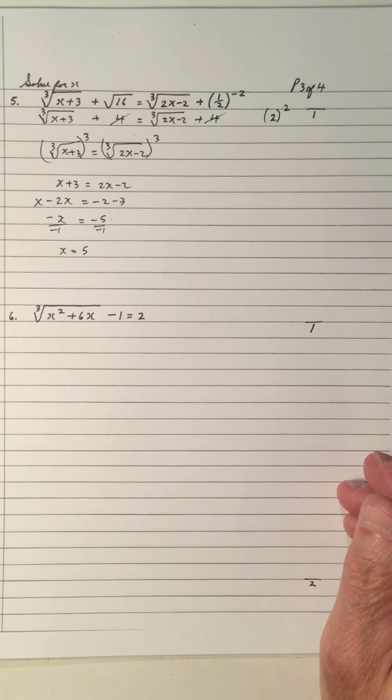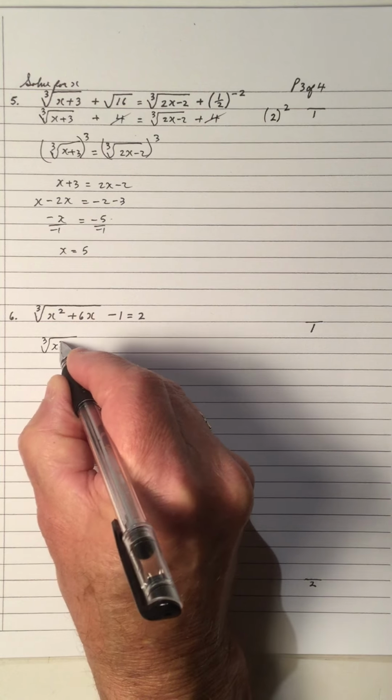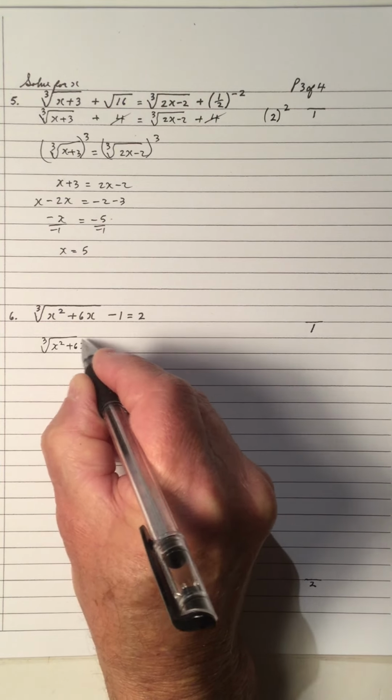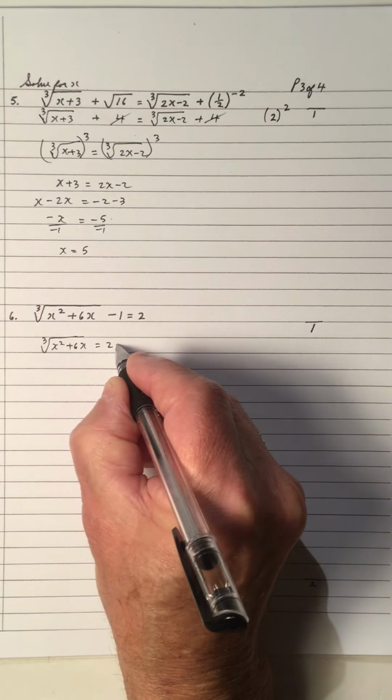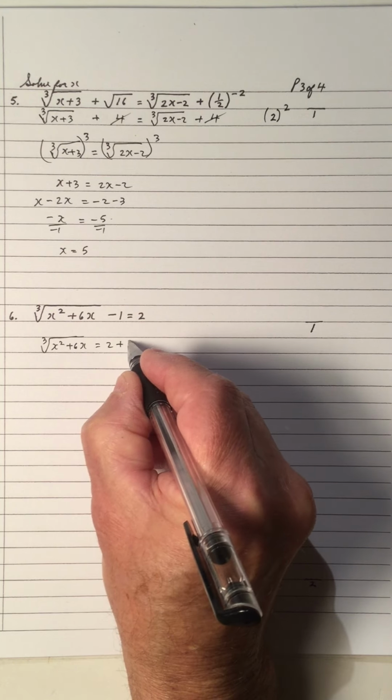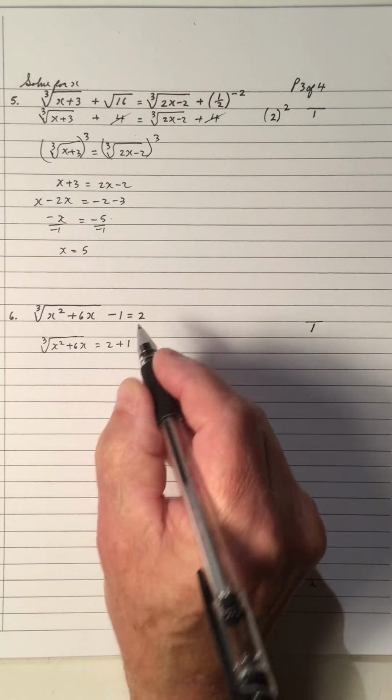Number 6, the cube root. We have to isolate the cube root of x squared plus 6x minus 1 equals 2. We have to isolate the root. So that's the cube root of x squared plus 6x equals 2 plus 1.